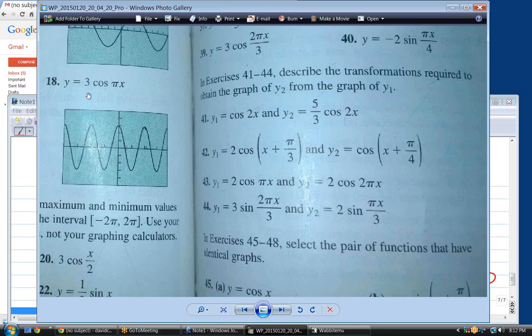So my x window, if my period is 2, what's my x window have to go from? It's like -4 to +4. Good. And what's my y window need to go from? -5 to 5. Uh-huh.